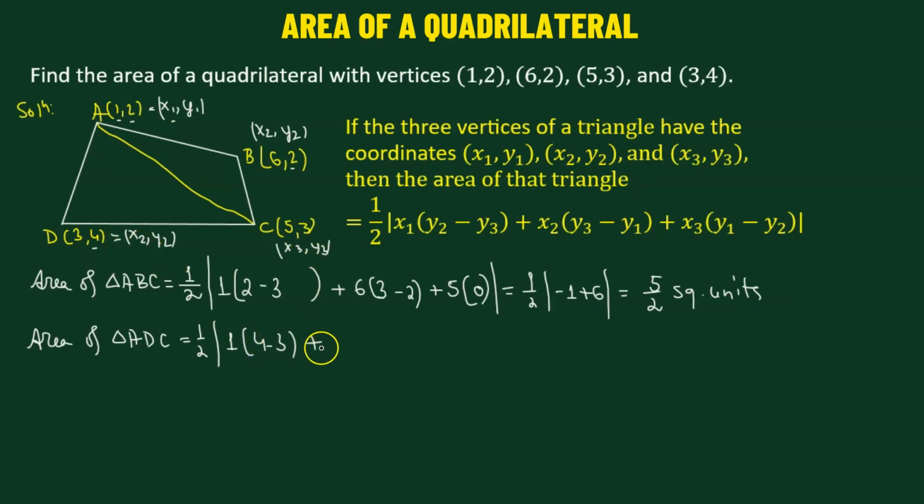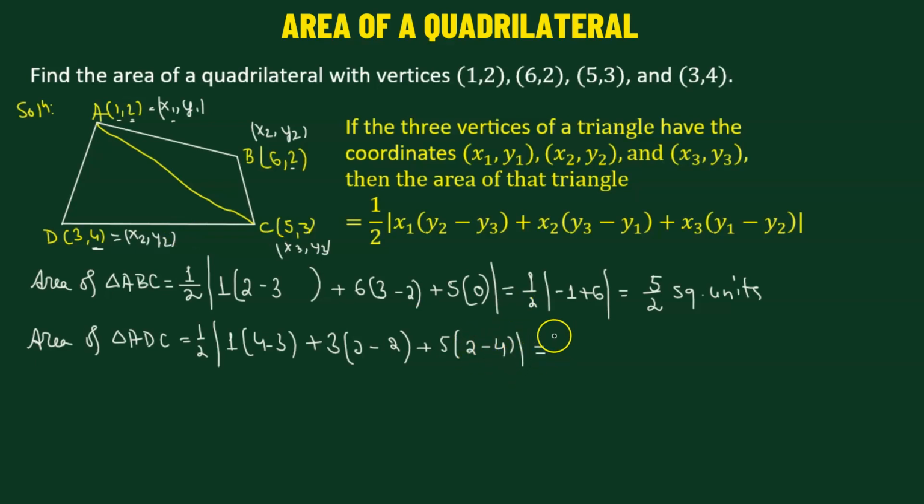Added to it will be the next value, x2, the x coordinate of D, that's 3, and then we need y3 minus y1. So y3 is 3 minus y1, which is 2. Plus we need x3, which is 5, multiplied by y1 minus y2. That means we have 2 minus 4.